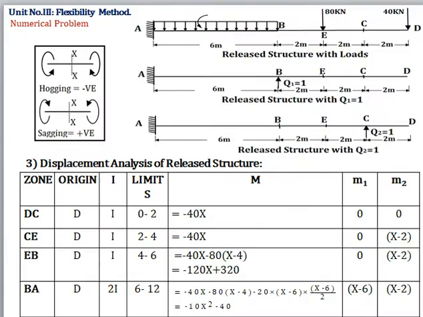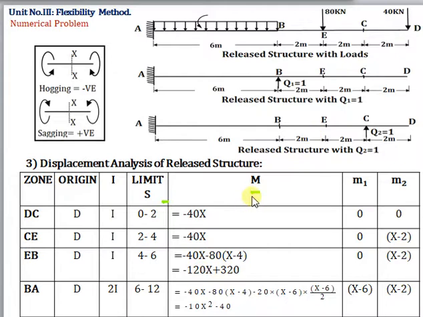We consider different zones there, and then we fix the origin for each zone. Then we also consider the moment of inertia, and we assign the limits, and according to that we find the moment for each zone.